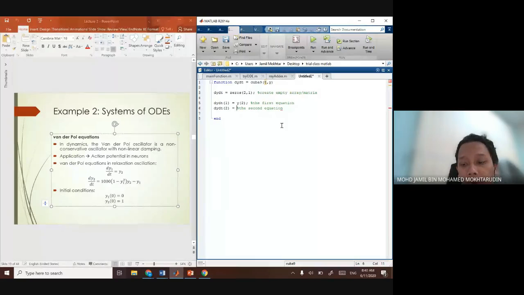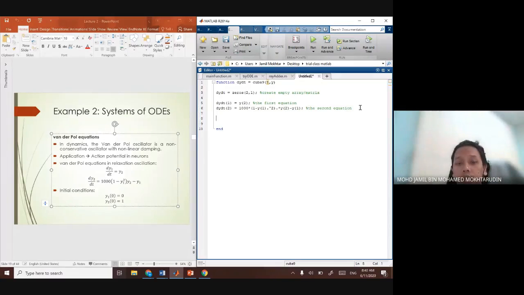And then for the second equation, dy2/dt equals 1000 times (1 minus y bracket 1 squared) times y2 minus y1. Since this involves multiplication operations, you need the dot here: dot star and dot power.